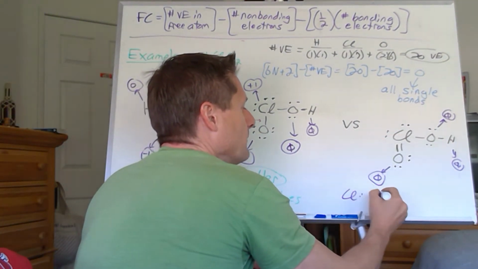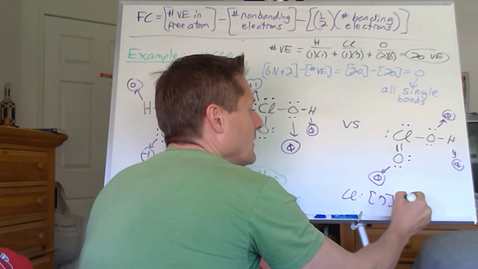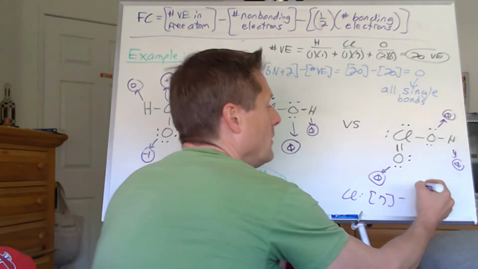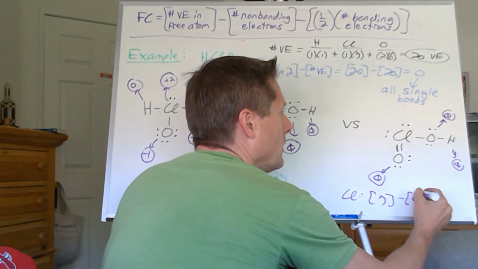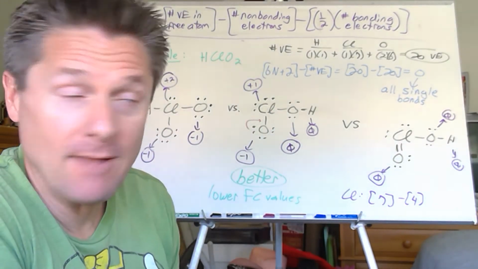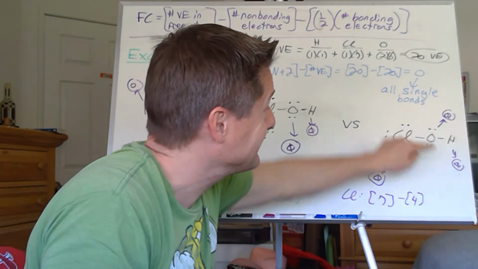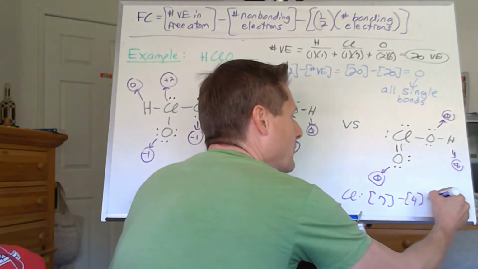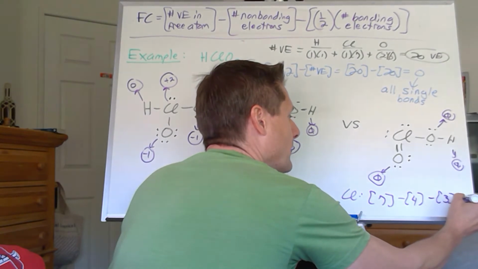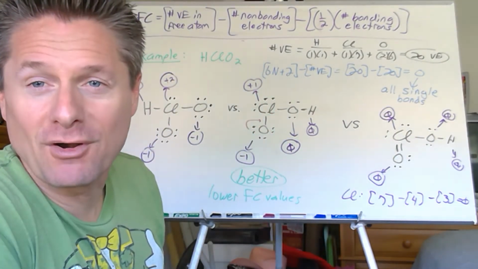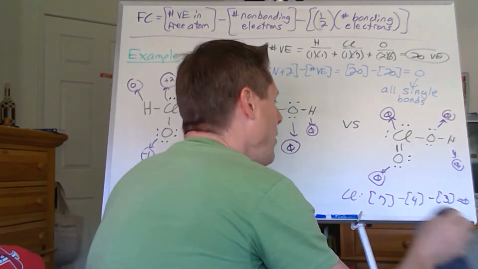Let's do the chlorine. 7 for the free atom. It has 2, 4 non-bonding electrons, right? How many bonding electrons does it have? 2, 4, 6. So what's half of 6? 3. That now has a formal charge of 0. Oh, oh, oh!